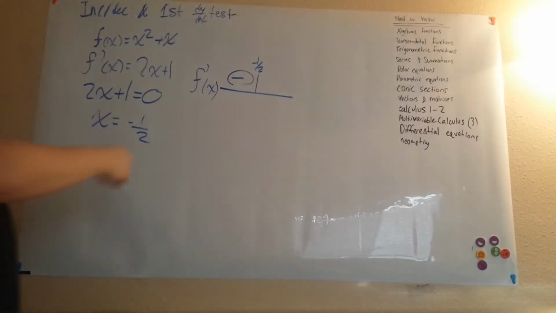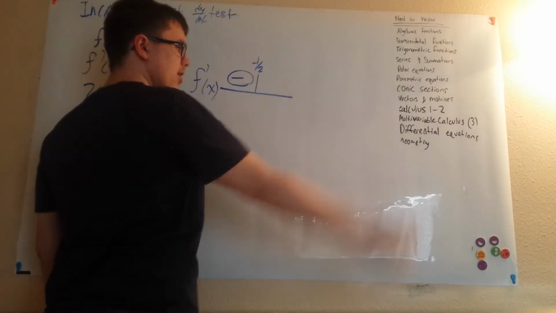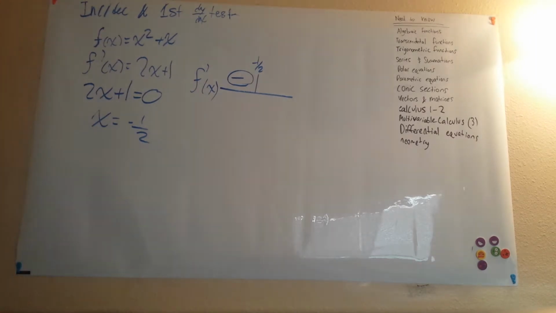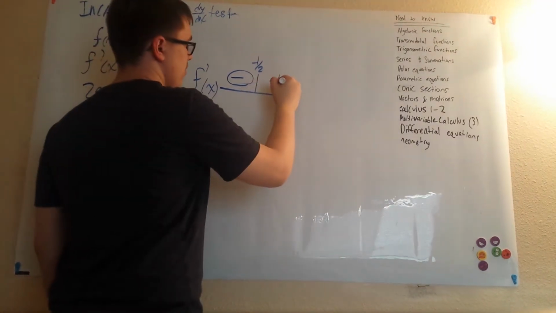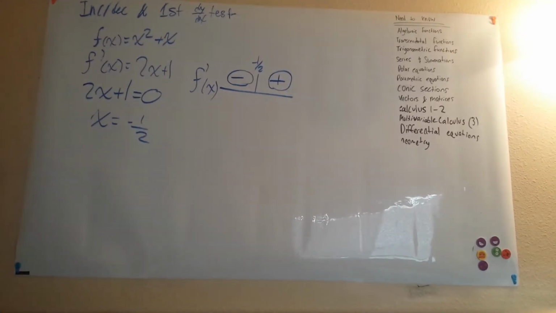Okay, how about, let's pick a number that's bigger than negative 1/2. Let's pick 0. Well, it's going to be positive. What does this tell you?